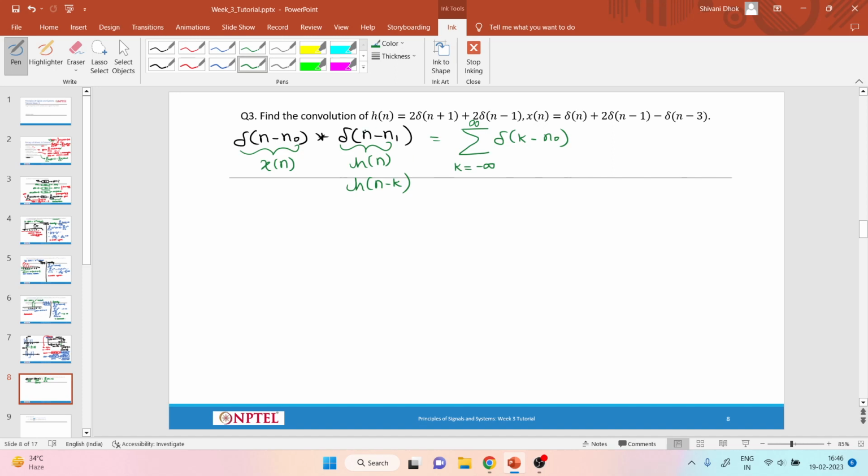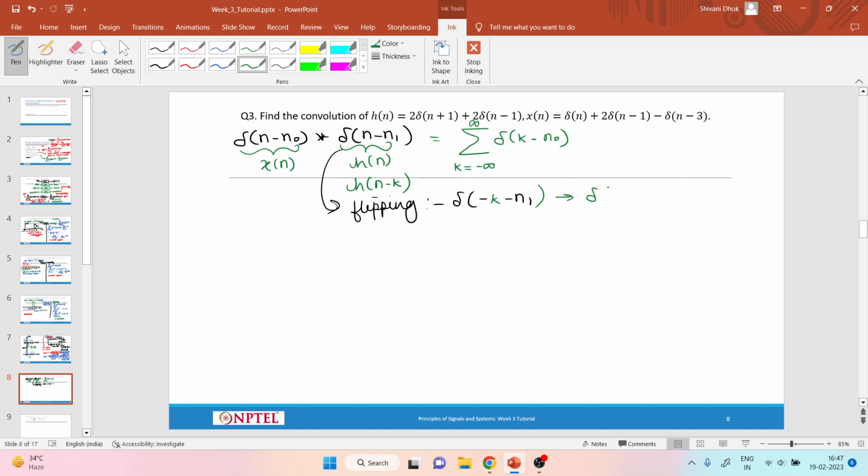Basically I'll first flip this signal. I have to flip and then shift. So by flipping, what I'll get is delta of minus n minus n1, or more specifically minus k minus n1, and then I have to shift it by a factor of n.